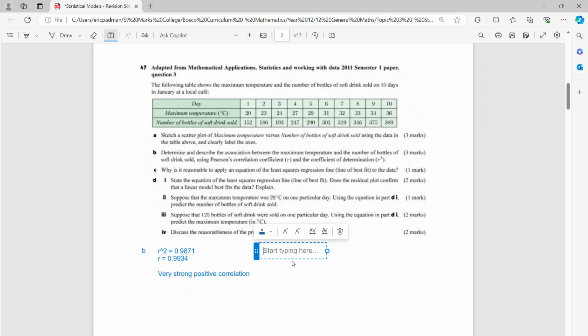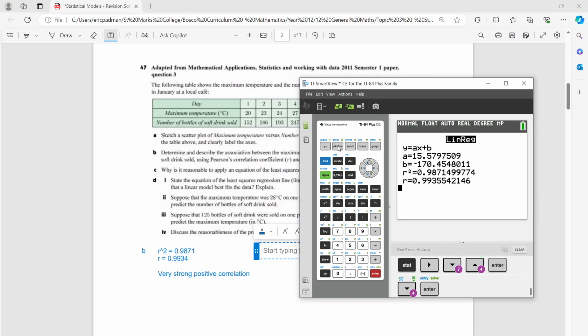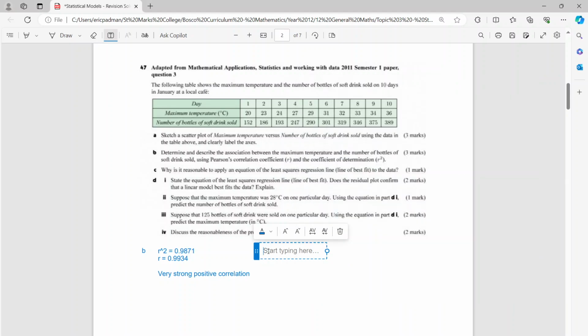Basically, because it is a strong correlation.